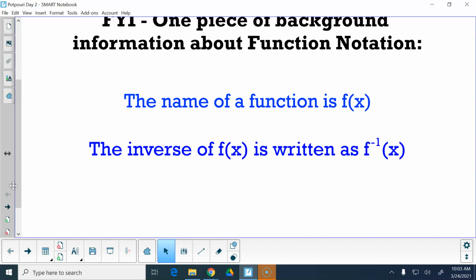Okay? So what we're going to be doing today is we're going to be given a function and we're going to find the inverse. So that's what we need to do. So let us do it.